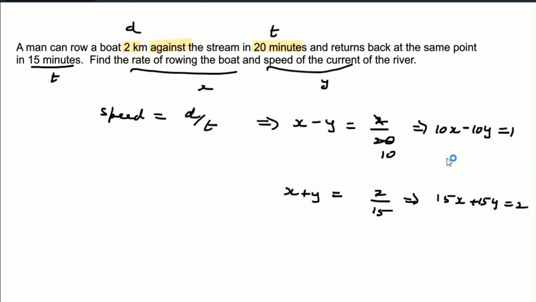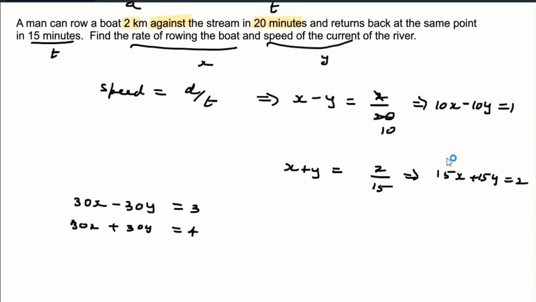So if I multiply by 3, I get 30x minus 30y equals 3. And here multiply by 2, 30x plus 30y equal to 4. So what happens here? If I add, I get 60x is equal to 7.